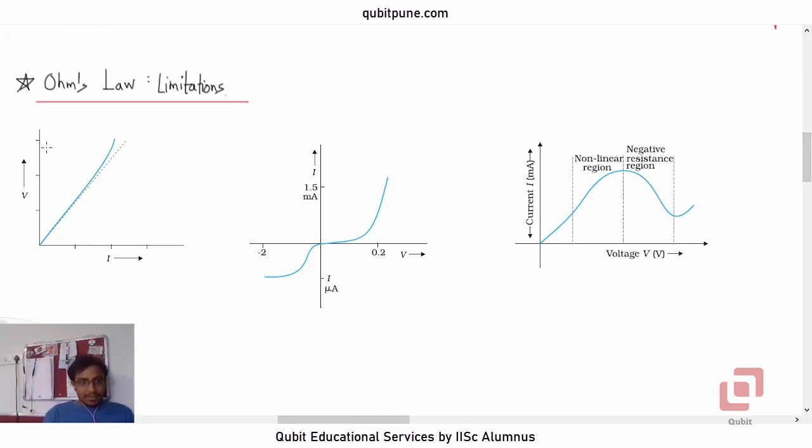Take the first graph for instance. This is for a very good conductor like copper. The voltage against current graph is almost a straight line, but as the values of the voltage increase, you start to see the deviation from linearity. So this is for a good conductor, a metal.